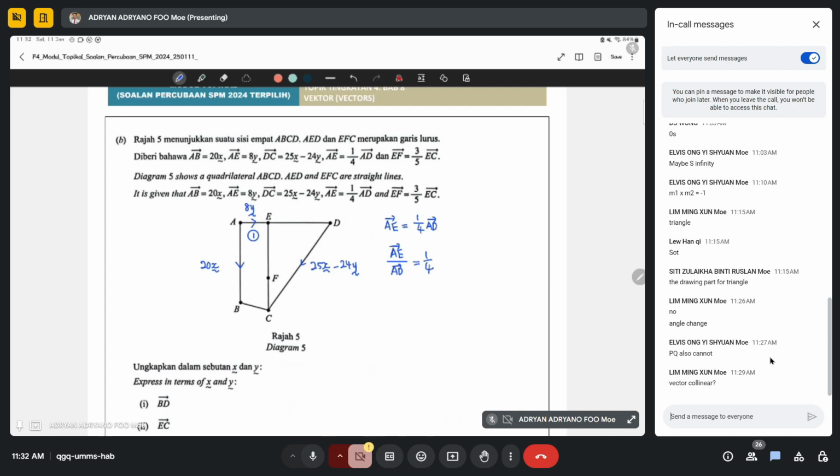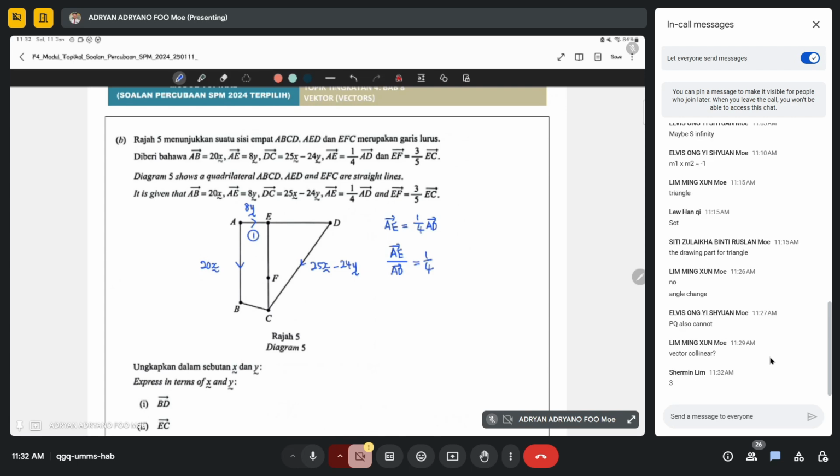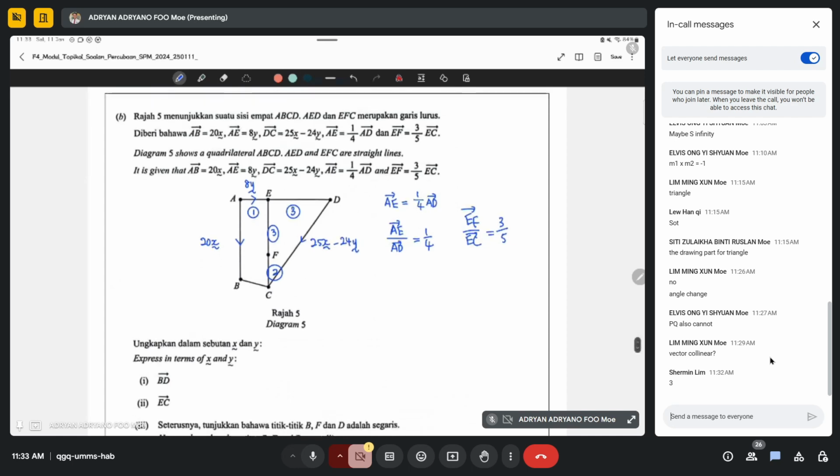So E to D 3. Okay, good. 3 parts. Okay, and then another one, EF over EC equal 3 per 5. So EF 占 3 个 part, EC 占 5 个, so 5 减 3 2 个 part. Okay, 这个是我们知道了的 information. Now 我们要找 BD.